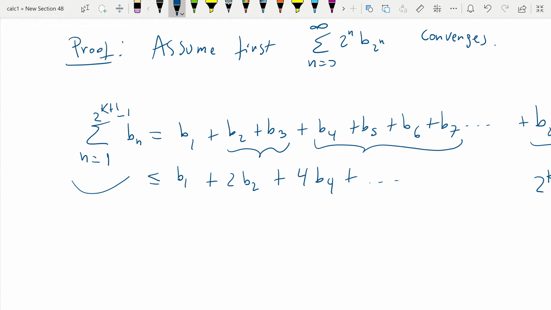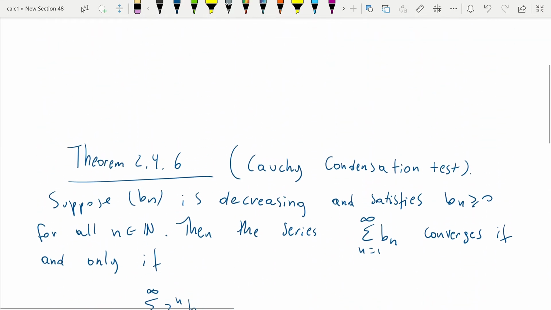If you have a number n, then that number is going to be less than or equal to some power of 2, in particular 2 to the n. In fact, the partial sum s_k is going to be bounded by this partial sum. Why? Because, as I said at the beginning, we have non-negative terms.